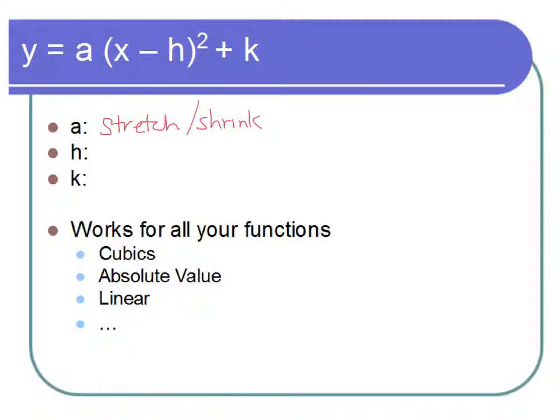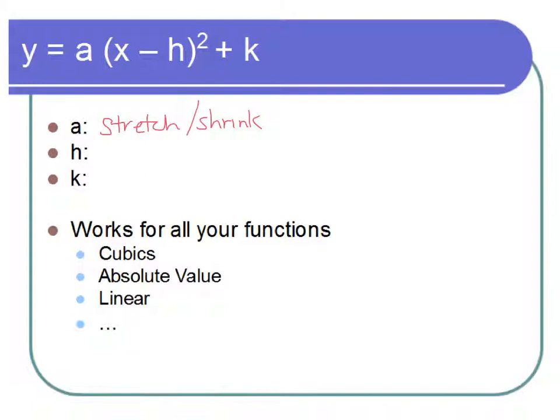If a is a small number, then that would be a shrink. And when I say a small number, the parent graph is assumed to be a 1, so smaller than 1. If it's larger than 1, then it's going to make all my y values bigger, and it's going to stretch my graph really long ways, tall, skinny.